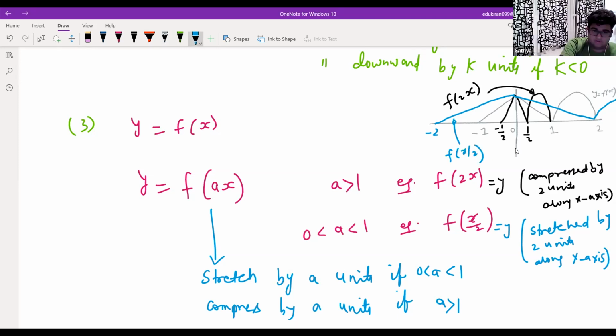Oh, okay. So that will get stretched by 2 units. Yeah, f of x by 2 will get a stretch by 2 units, in both directions, left and right. Is it the same for 2x? Yeah, for 2x, it will compress in both directions. Okay, yeah.